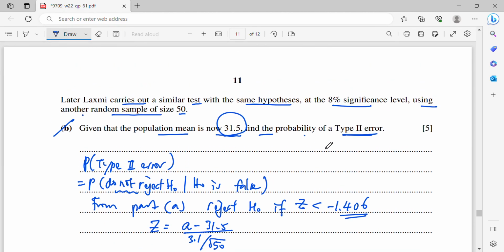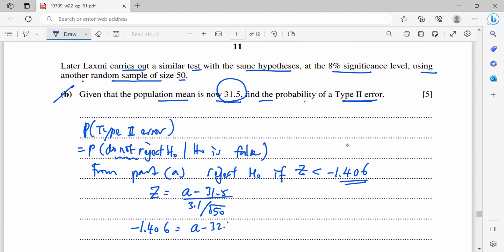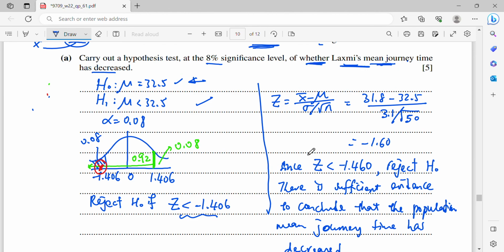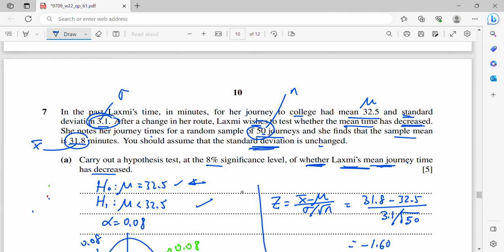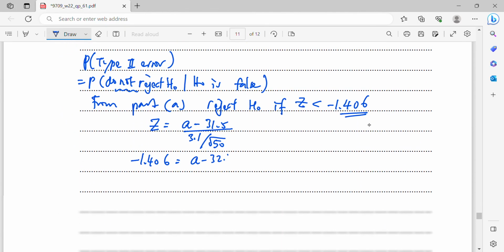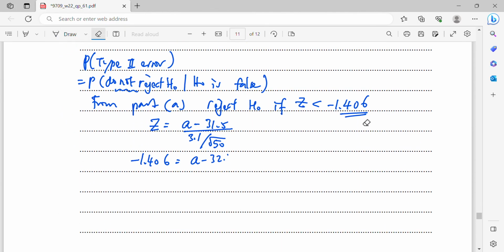Okay, so now, I'm not using 31.5 here. I will be using the previous one because in the beginning, we do not know the critical region, right? So I will use back 32.5 from the part A. After I have found the region, then only I use the 31.5 for the calculation. So here should be 32.5.